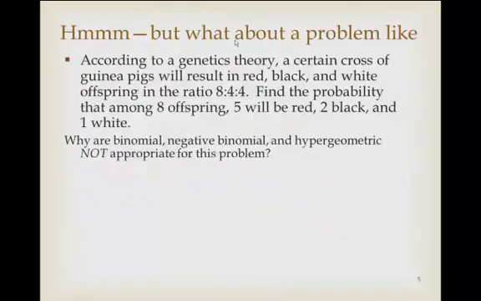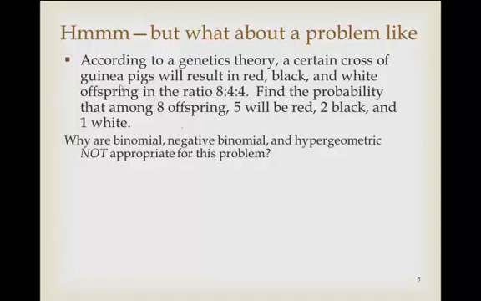So now, what happens if we have a problem like this, where we have guinea pigs that have the unfortunate habit of having offspring that can have multiple colors, which can skew our whole statistical probability calculations, because we can now have more than just 2 possibilities as far as our outcomes, which means Bernoulli is not alive.